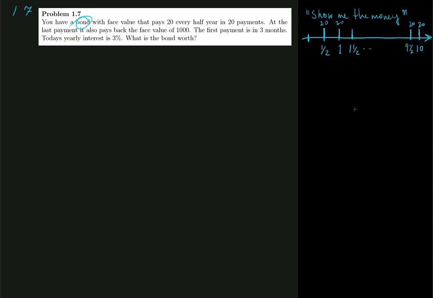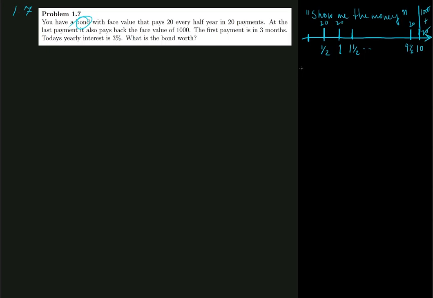And then also at the last payment, so at year 10, it pays back the face value of 1,000. So now 1,000 is a lot more than 20. But anyways, in the last year, you actually get the face value of 1,000 back, plus the 20 for the last year.